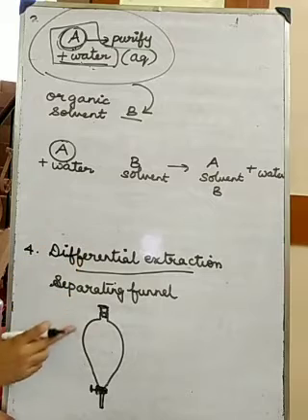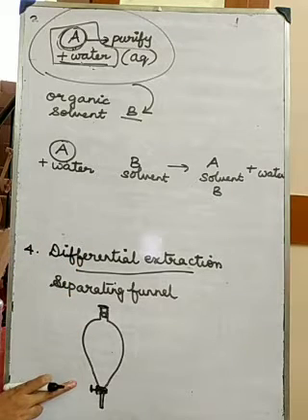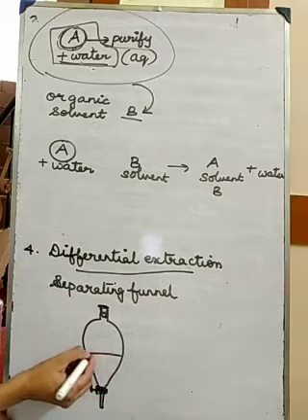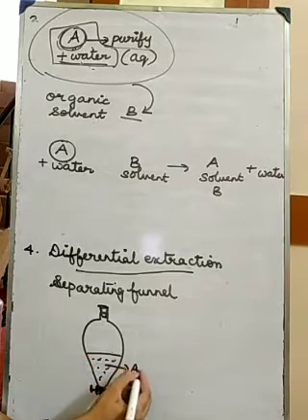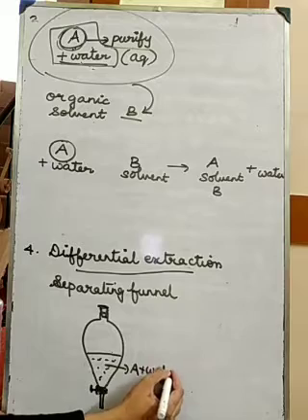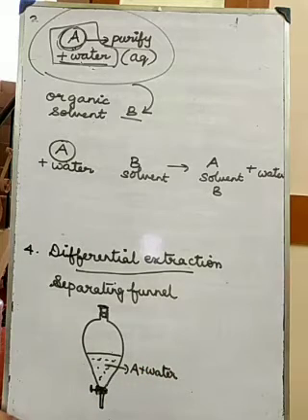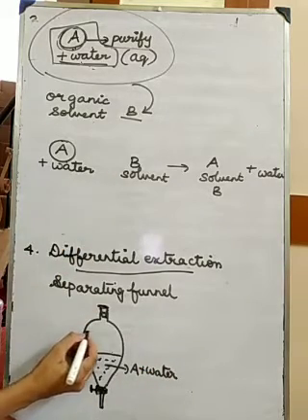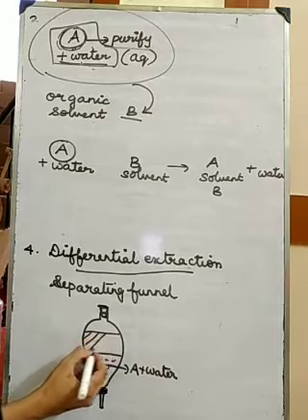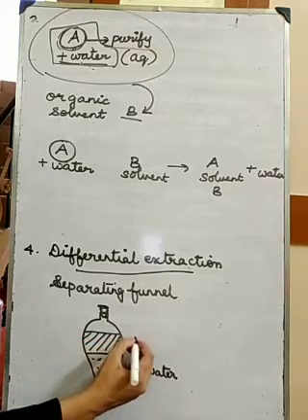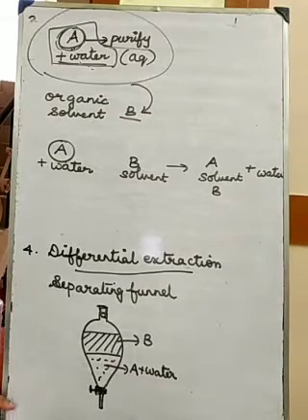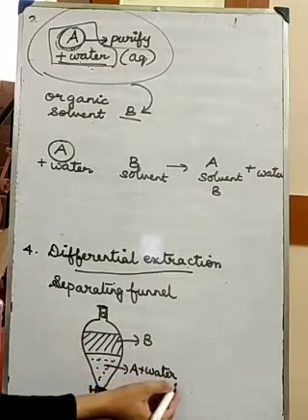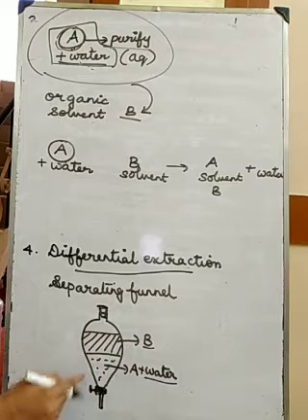So first you will take the separating funnel. In the separating funnel, you will take this A with water, and then you have to pour this solvent B. This water and this B will not at all mix.